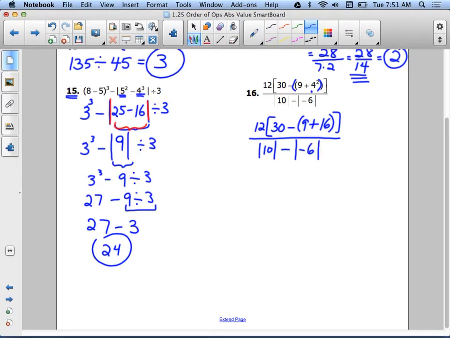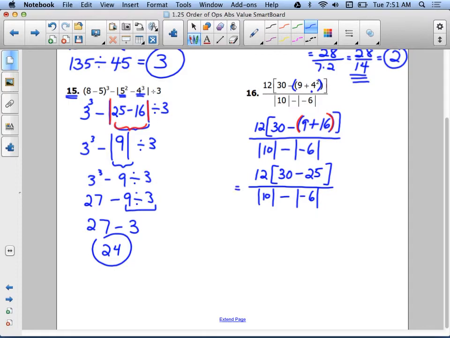Okay. Now we're going to continue working on the top by simplifying the parentheses that we have here. Innermost parentheses first. So we'll have 12 times 30 minus 25 all over the absolute value of 10 minus the absolute value of negative 6.